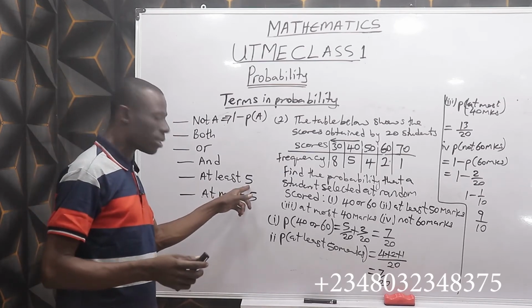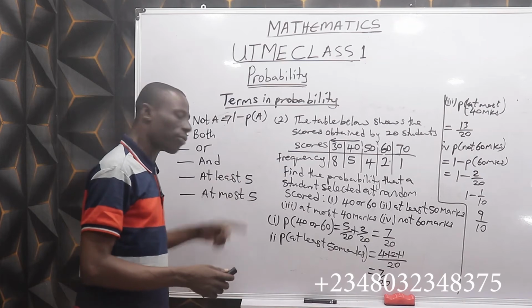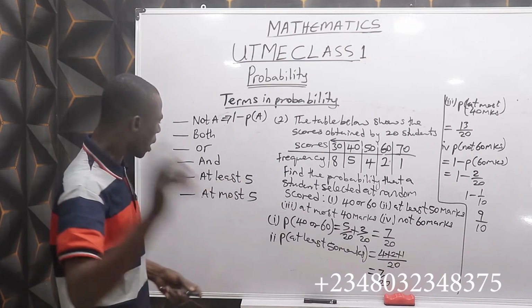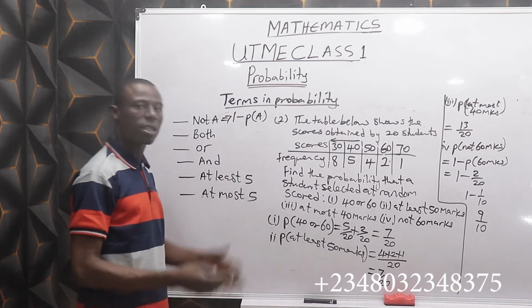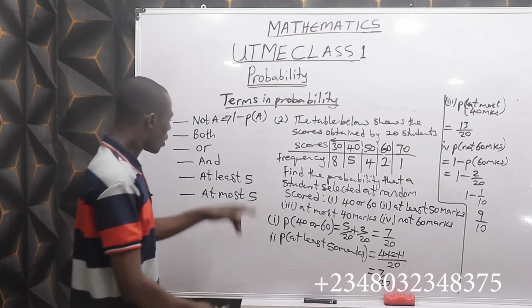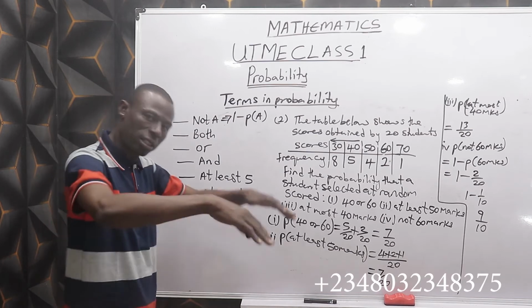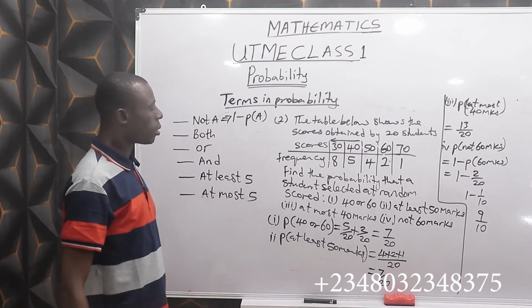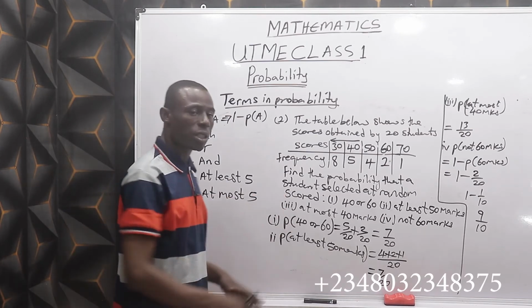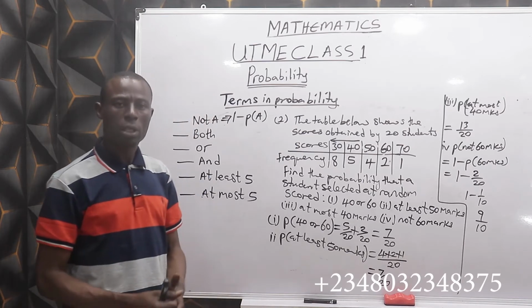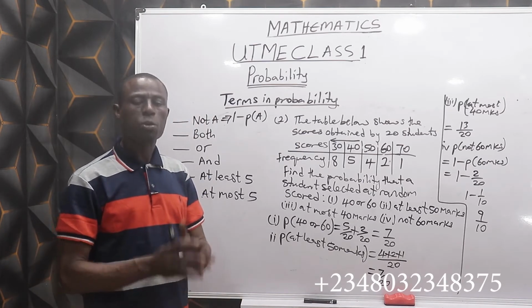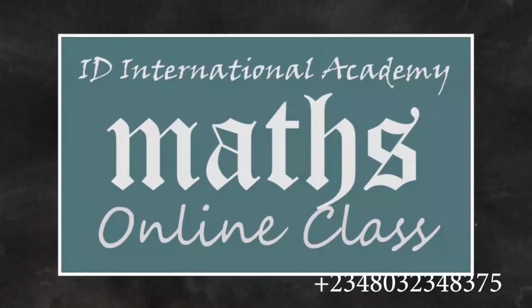So any value that is there, at least that value means that value and above. At most 5 means 5 and below. If any value different from 5 is there, it means that value and below. That is where we are going to stop on this aspect. We now move into examples using past questions.